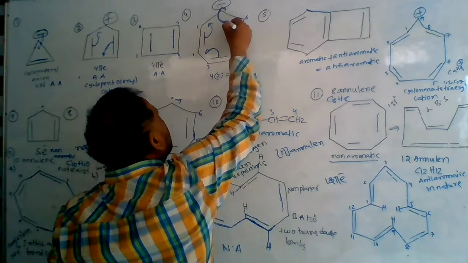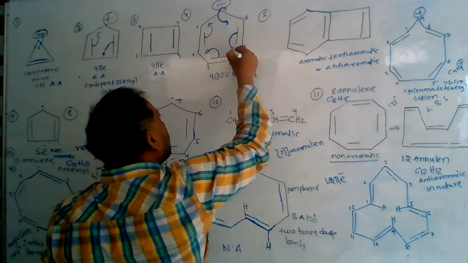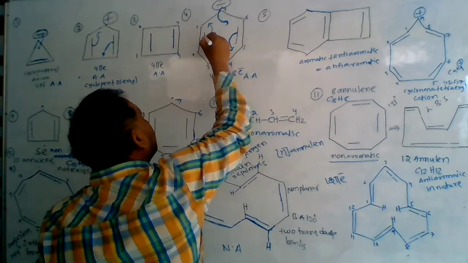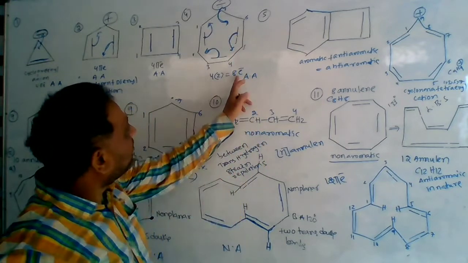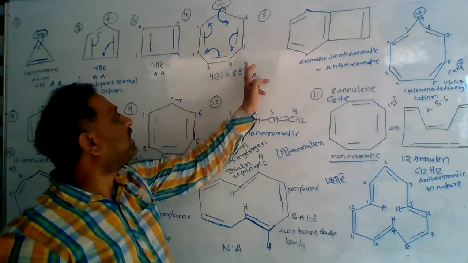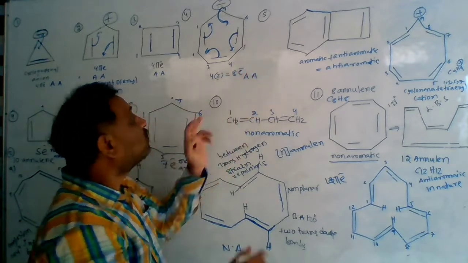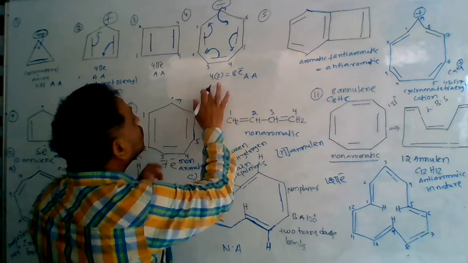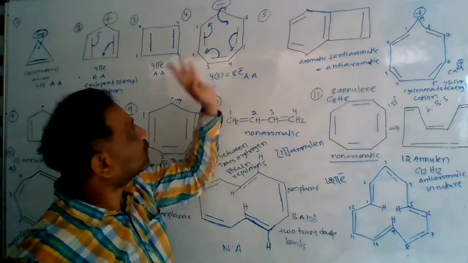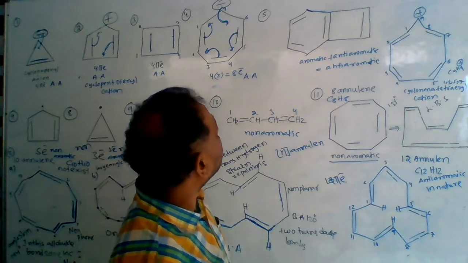Lone pair electrons are involved in delocalization. Here 8 electrons are involved in complete delocalization, which obeys the 4n rule, 4 into 2, that is equal to 8 electrons. So it is also an anti-aromatic compound.